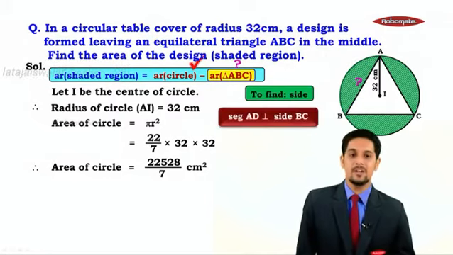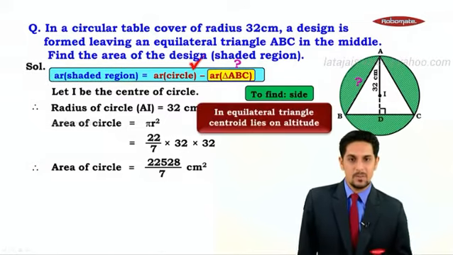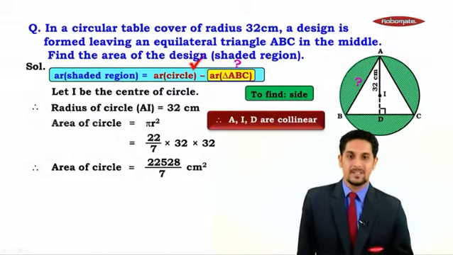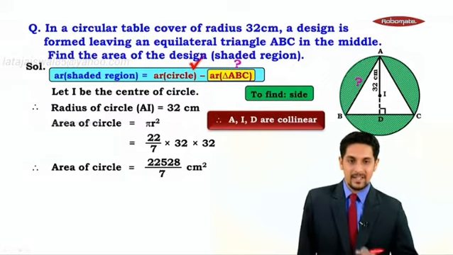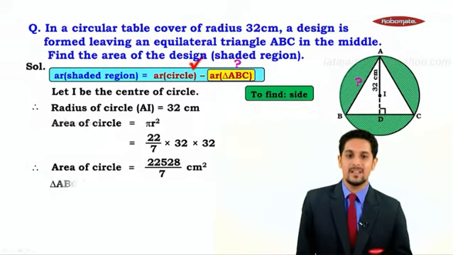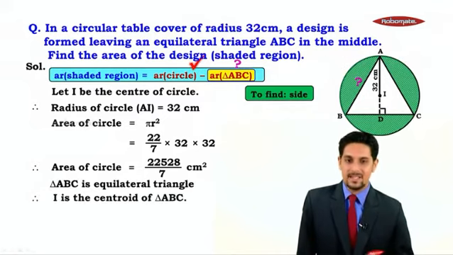AD perpendicular to BC. Now students, let us observe in an equilateral triangle, the centroid lies on the altitude. That means the points A, I, D are collinear. And we know that the triangle ABC is an equilateral triangle where I is the centroid of the triangle ABC.